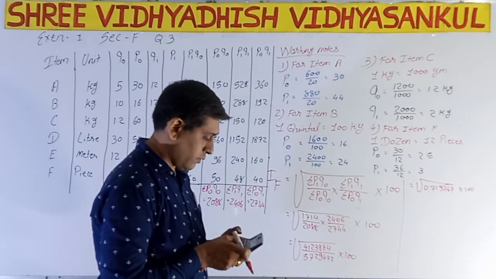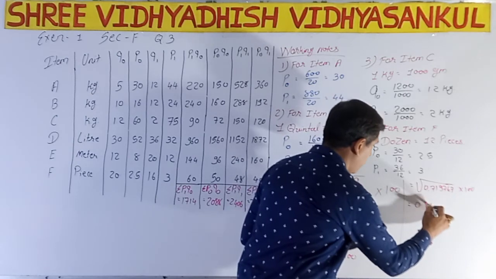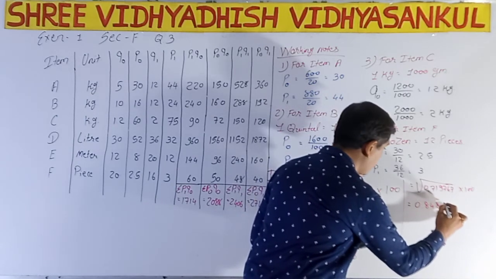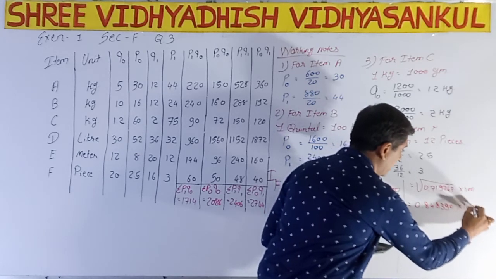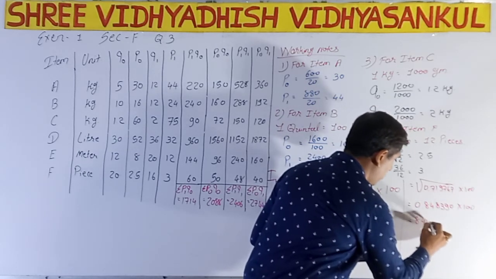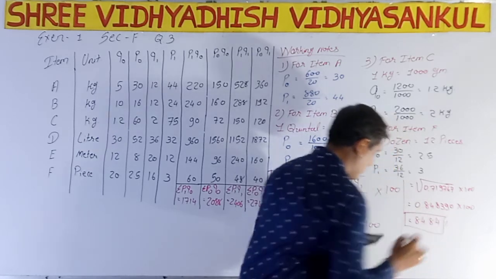Square root of this is 0.848390 into 100, that is approximately 84 percent.